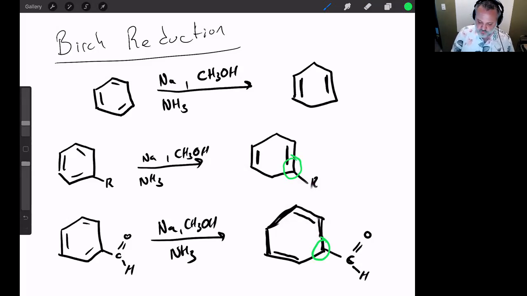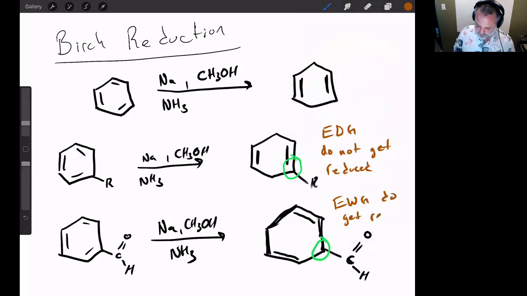Electron donating groups do not get reduced. Really, I mean the carbon next to that. Electron withdrawing groups do get reduced.